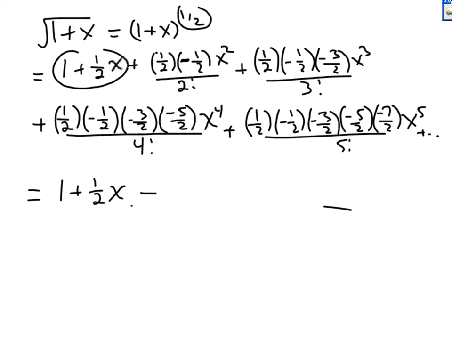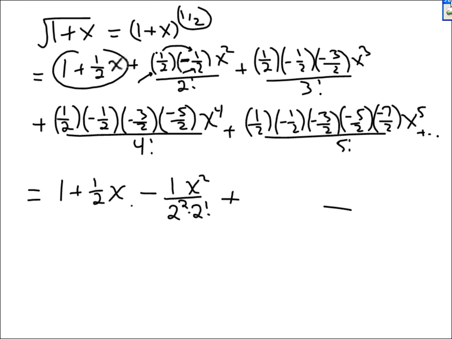If you have an odd number of negative numbers in multiplication, you're going to get a negative. If you have an even number of negative numbers, you get a positive. And 1 times 1 is 1 times x squared. The bottom is 2 times 2, which is 2 squared, times the 2 factorial.